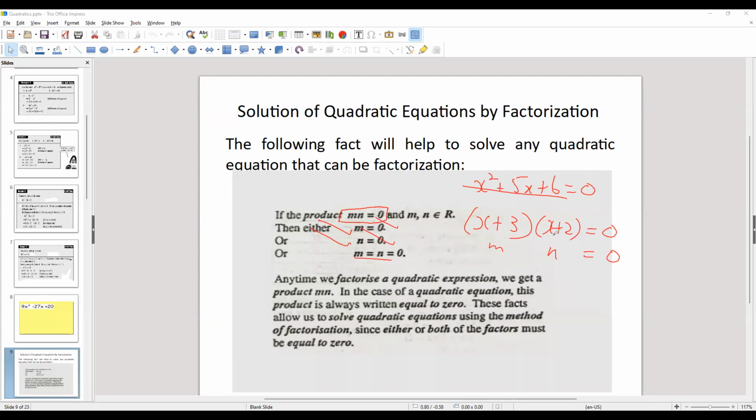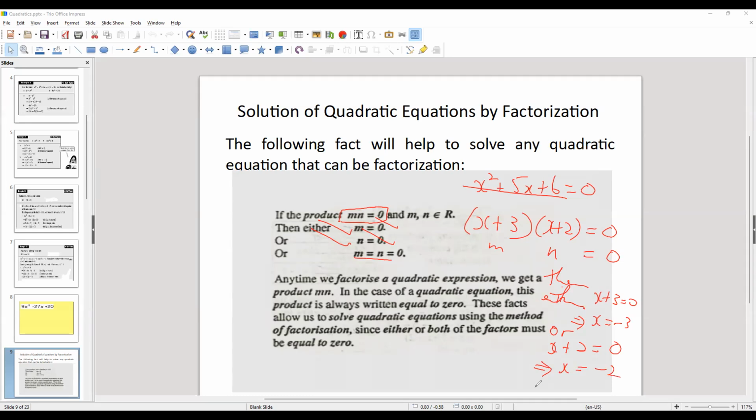If x plus 3 times x plus 2 equals 0, then either x plus 3 equals 0, which means I take the 3 over there, x equals minus 3, right? So we got a value for x. Or x plus 2 equals 0, which implies that x equals minus 2.